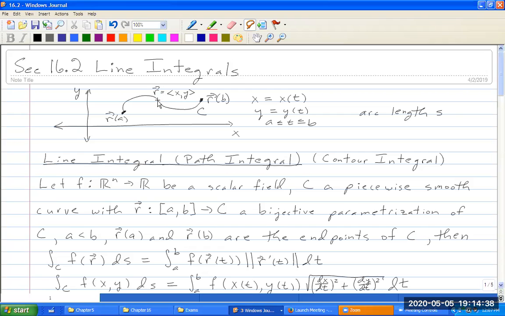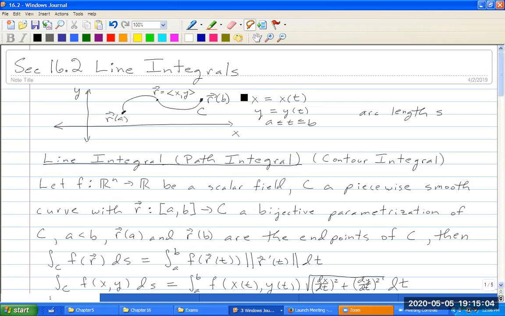And at every point, at every time, I'm at some point X, Y. Some vector X, Y. And suppose that I can parameterize this point according to some parameter, T, time.